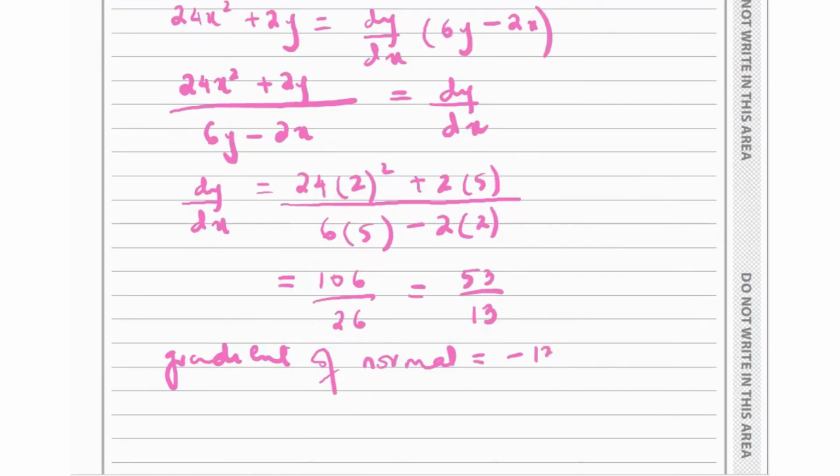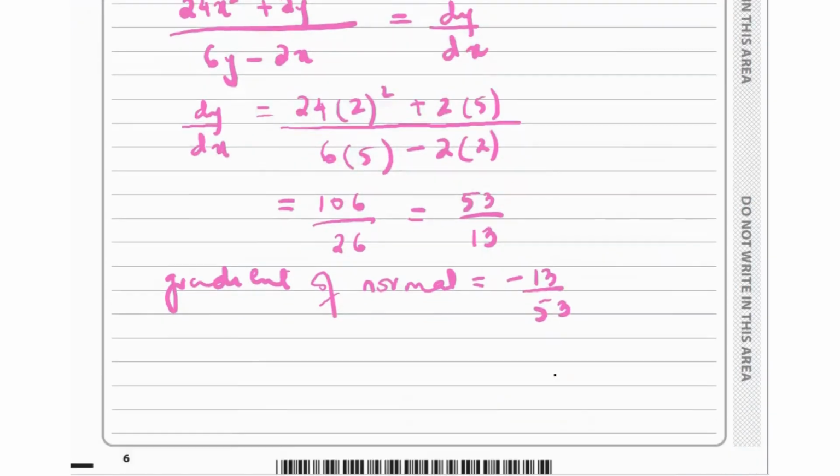It's going to be negative 13 over 53. We have the point, we have the gradient, we're going to find the equation now. So y minus 5 equals to negative 13 over 53 times x minus 2.